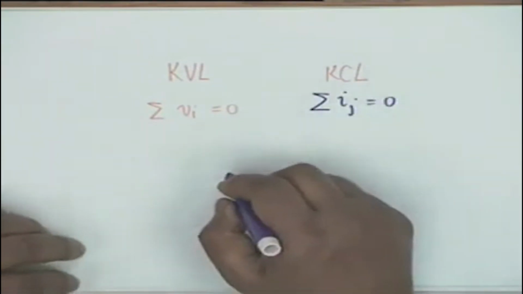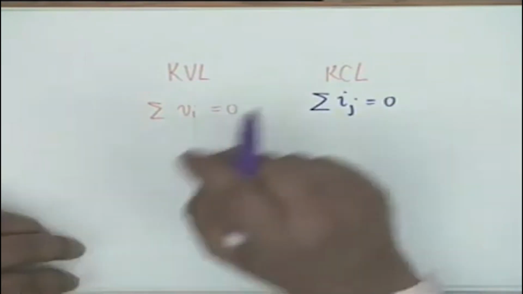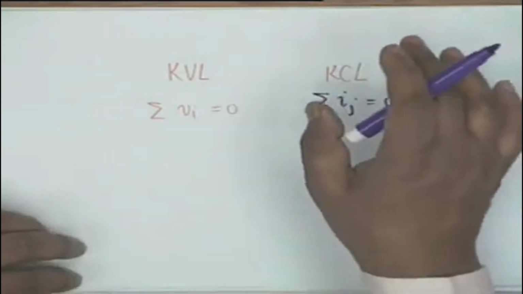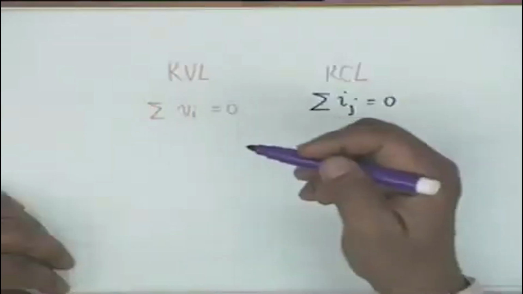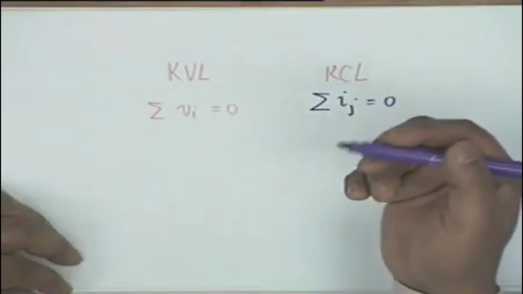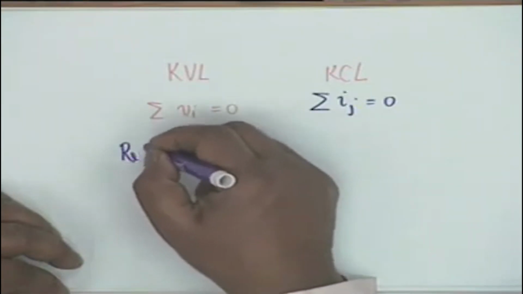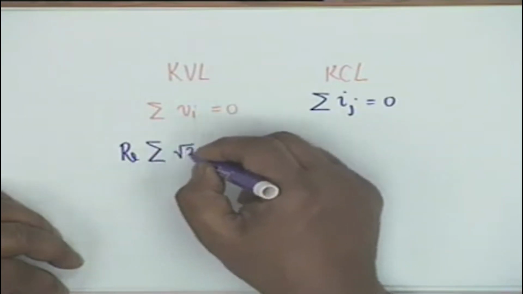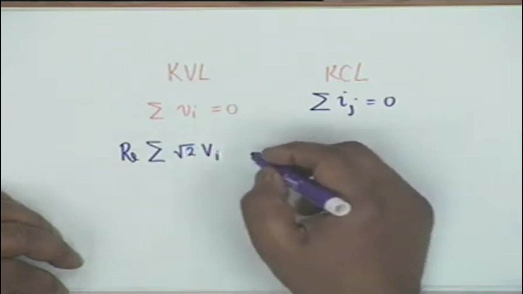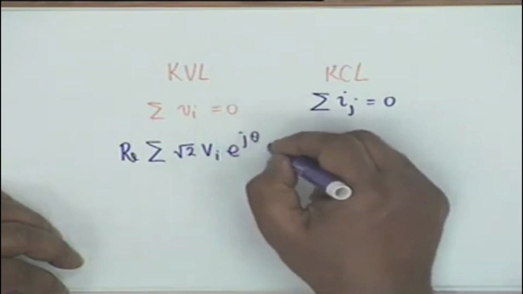Now if each of these voltages is of the same frequency, as it would be in a linear circuit, it cannot change frequency, then each of these voltages can be represented in terms of its phasor notation. That is, each could be represented as real part, root 2 Vi e to the power j theta e to the power j omega t.